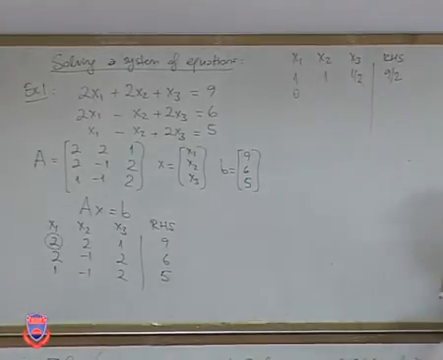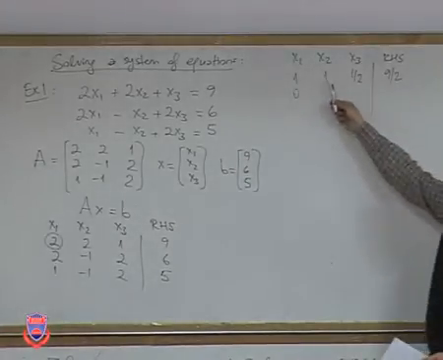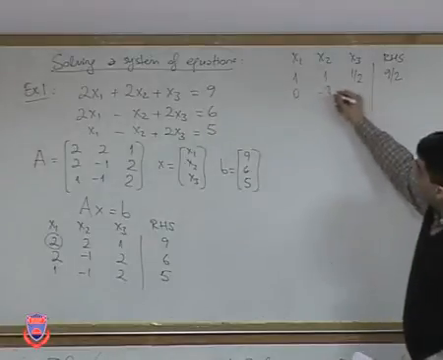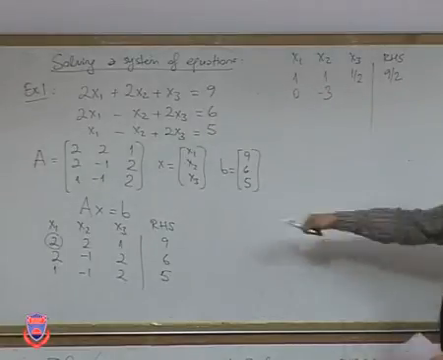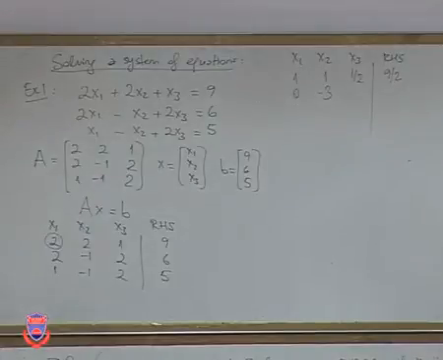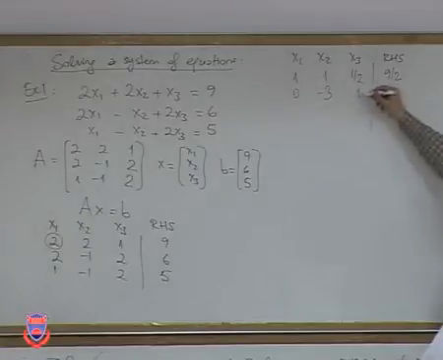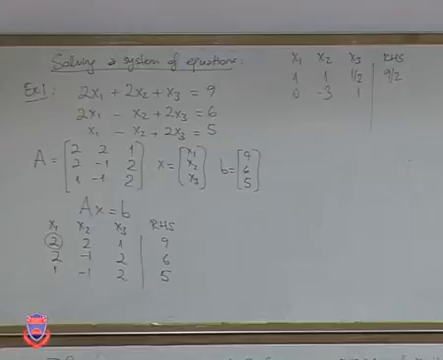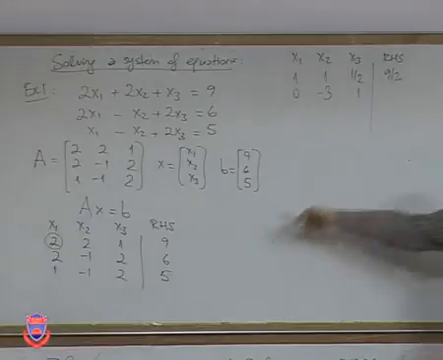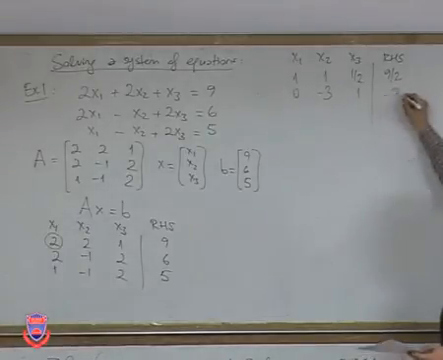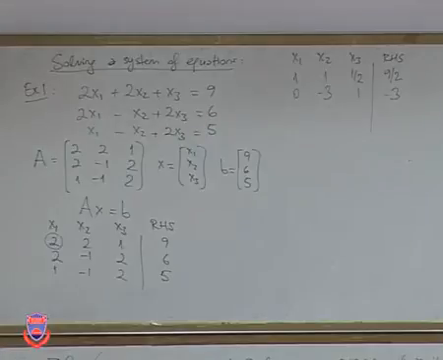What about the second term? I have minus 2, minus 1, so I get minus 3. What about the third one? I get minus 1 plus 2, so that's going to be equal to 1. And what about the right-hand side? I multiply this by minus 2. I get minus 9 plus 6, so I'm going to get minus 3.